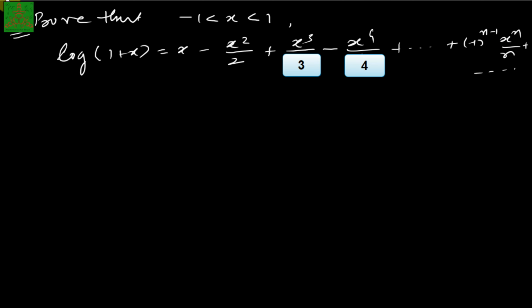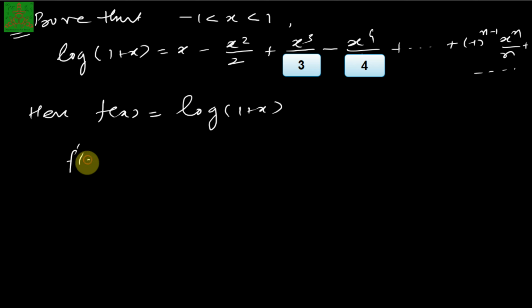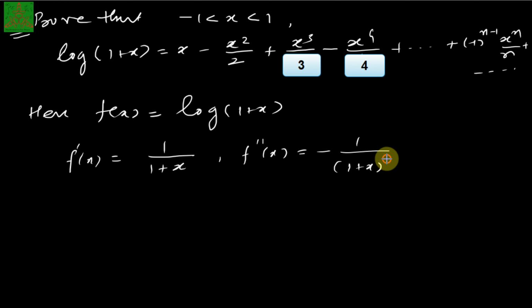So here we have f of x equal to log 1 plus x. If I calculate the first derivative, f dash of x, we have 1 upon 1 plus x. F double dash of x gives me minus 1 upon 1 plus x whole square.